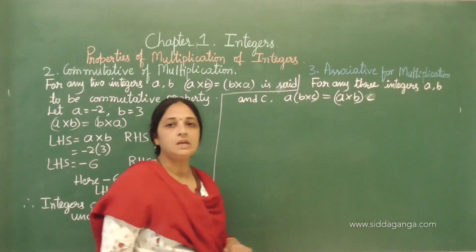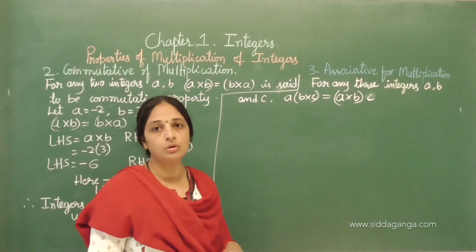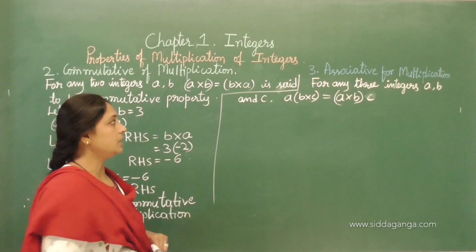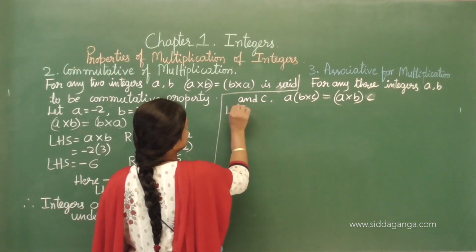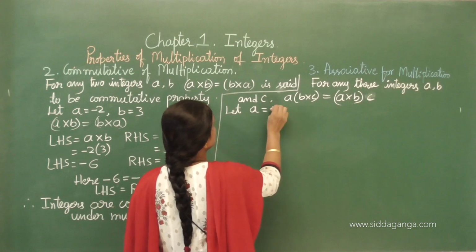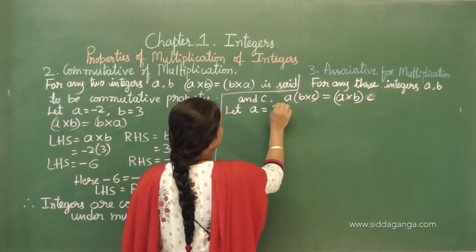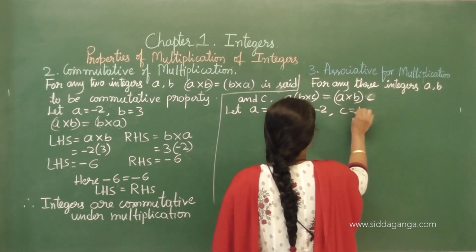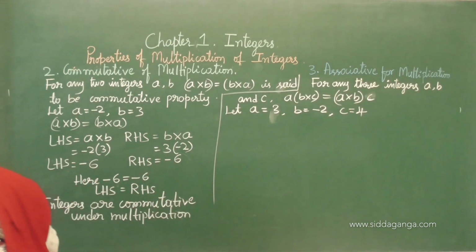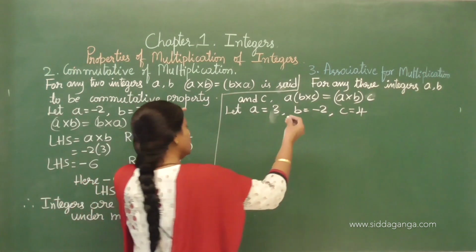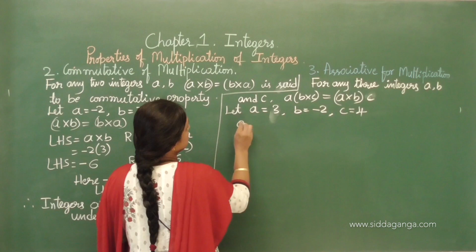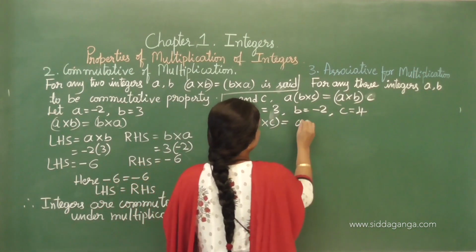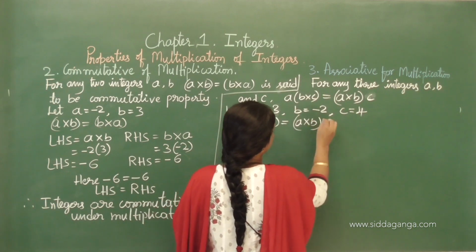Okay, so this is the condition, this is the rule we take for associative property. Consider let a is equal to 3, b is equal to minus 2, then c is equal to 4. Okay.